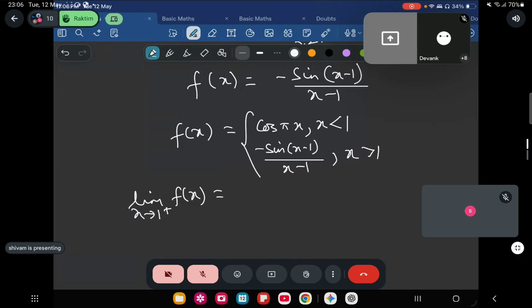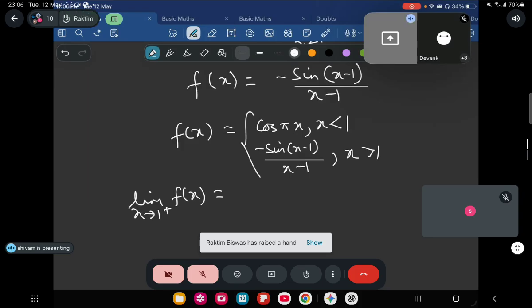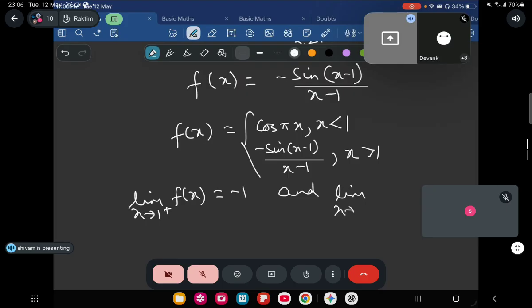Yes, Raktim, tell me. -1, correct. And somebody tell me what is limit x tends to 1 minus f of x? Raise your hand. Tell me. Only Raktim is raising the hand. What happened? You have to be in which branch?